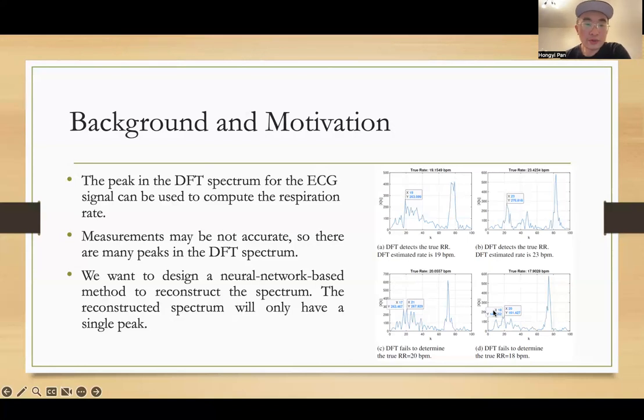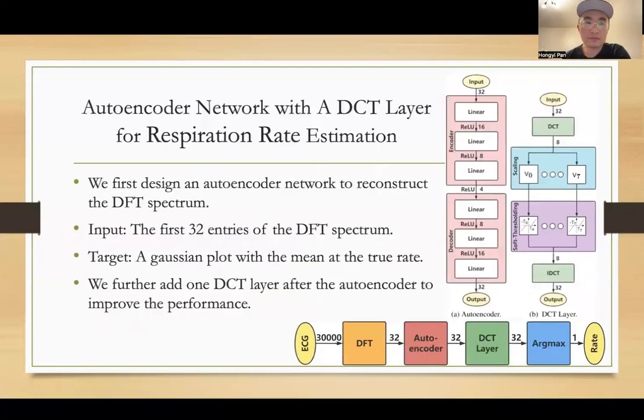So in this work, we want to design a neural network-based method to reconstruct the spectrum. The reconstructed spectrum should only have a single peak. So here's the proposed method using the autoencoder with a DCT layer. First, we design an autoencoder network, which is shown here with six linear layers.